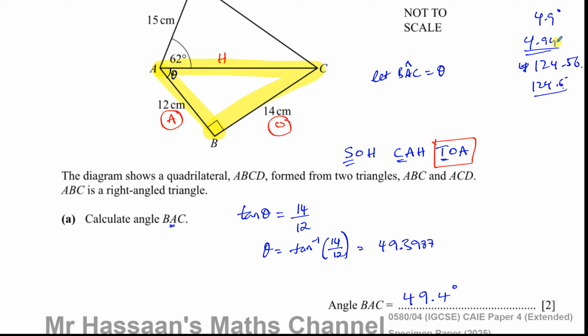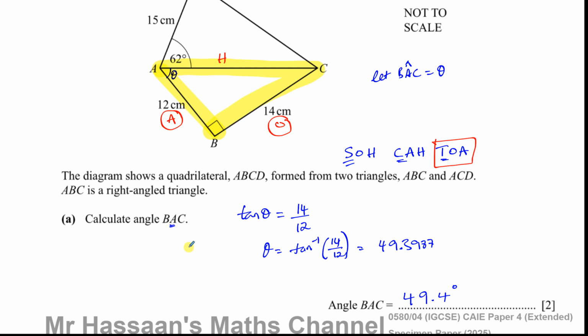For length, you would leave this as 4.94, or write this as 125. But for angles, you should have one decimal place. Other values will be given to 3SF. In this case, 3SF and one decimal place are the same thing anyway. But just be aware, if your angle is less than 10 and it goes on, you have to only round to one decimal place. So be careful of that. In this case, it's just the same.